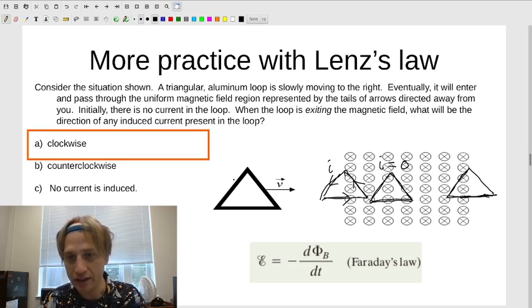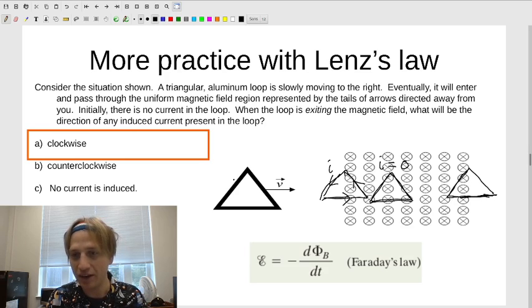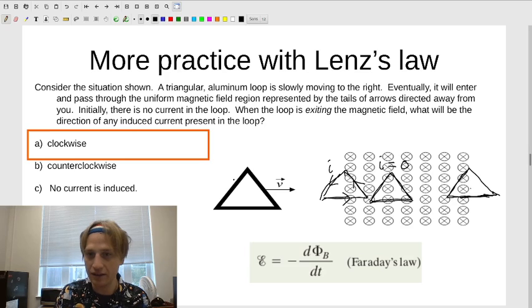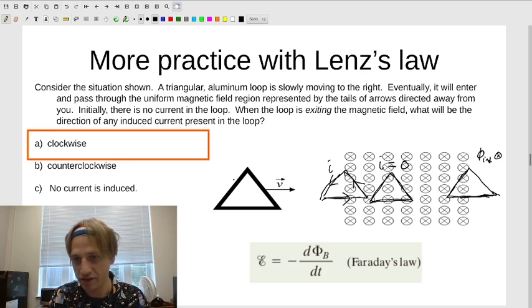But in this case, the magnetic field, Lenz's law will try to keep the magnetic field through this as similar to what it was as possible. So, in fact, the induced magnetic field is going to be pointing into the page in this case to try to keep it like it was.